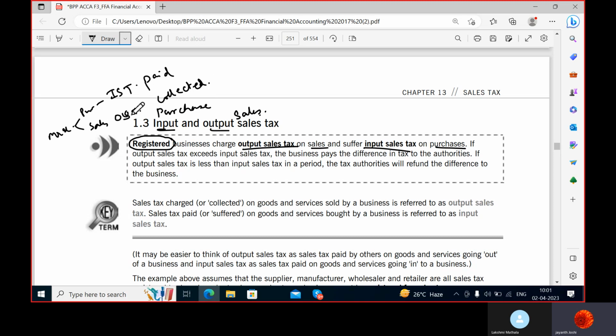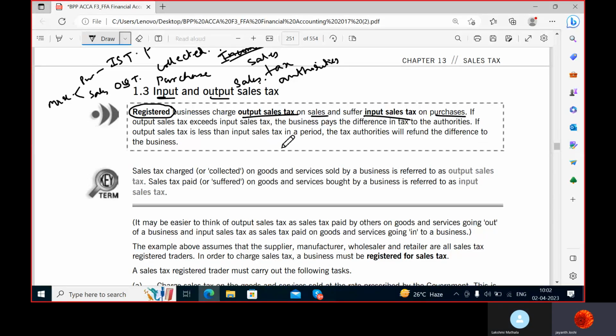But this collection is not for himself. He is collecting this for sales tax authorities. So as we have seen in the previous example, the tax element is to be shown separately because that's not our income. Clear? Okay.